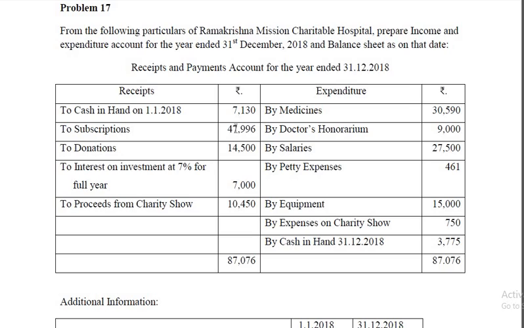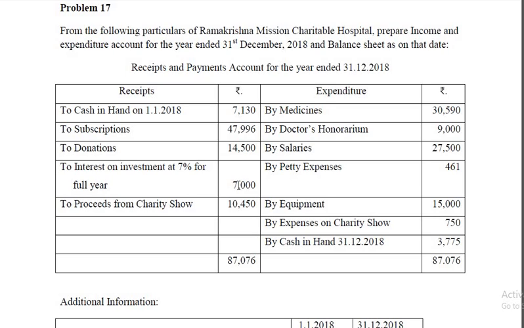Subscriptions, I already told you, to this you have to make certain adjustments. Donations, we assume that it is capital receipt, so it will be added to capital fund in the closing balance sheet.